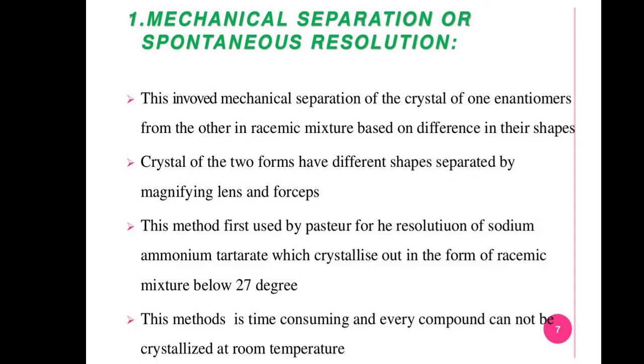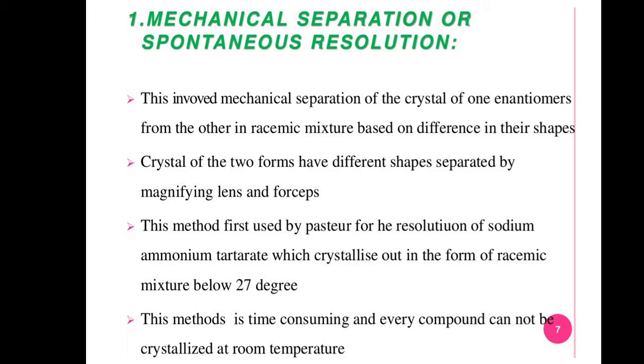First one is mechanical separation or spontaneous resolution. This involves mechanical separation of the crystals of one enantiomer from the other in a racemic mixture based on the difference in shape. Crystals of the two forms have different shapes and are separated using a magnifying lens and forceps.